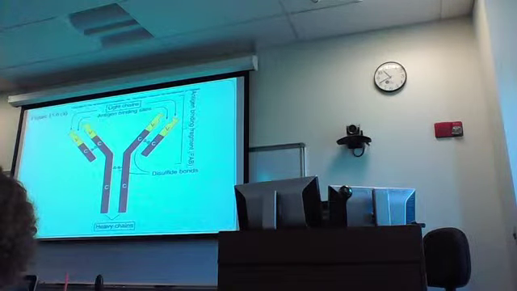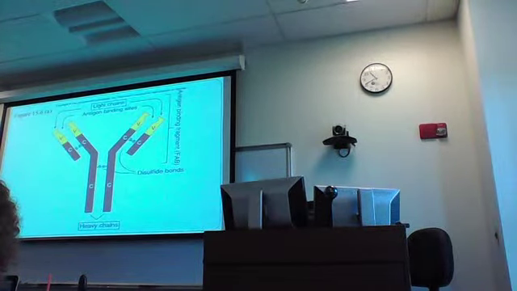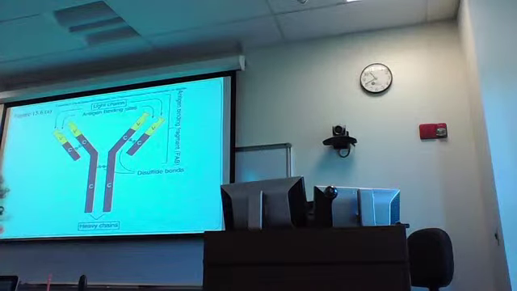At the arms of the Y's is the variable region, and that's where the specificity for antigen lies. So that's the region that's actually going to be binding antigen. So if this floor is the antigen, and I'm the antibody, in order to bind and defend against this antigen, I have to do a handstand.